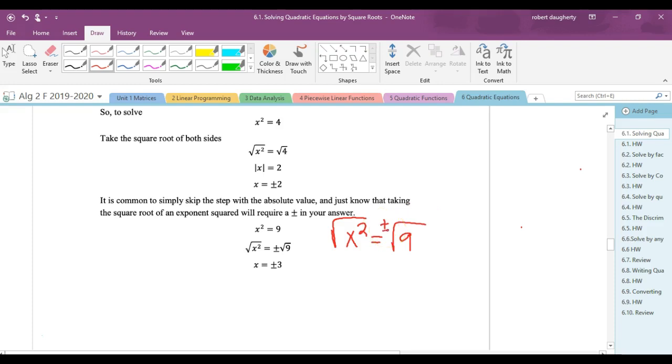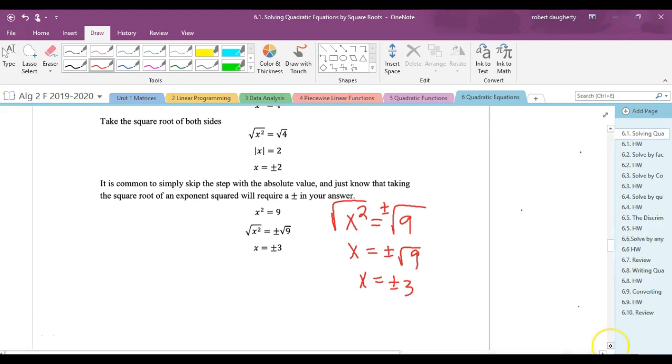You don't have to go through the intermediate step. So when I take the square root of the left side, I get x equals plus or minus the square root of 9. What's the square root of 9? 3. So x equals plus or minus 3. You knew that without going through this. When x squared is 9, you know what the numbers are, but it's going to get a little more complicated in the ones that we're going to solve.